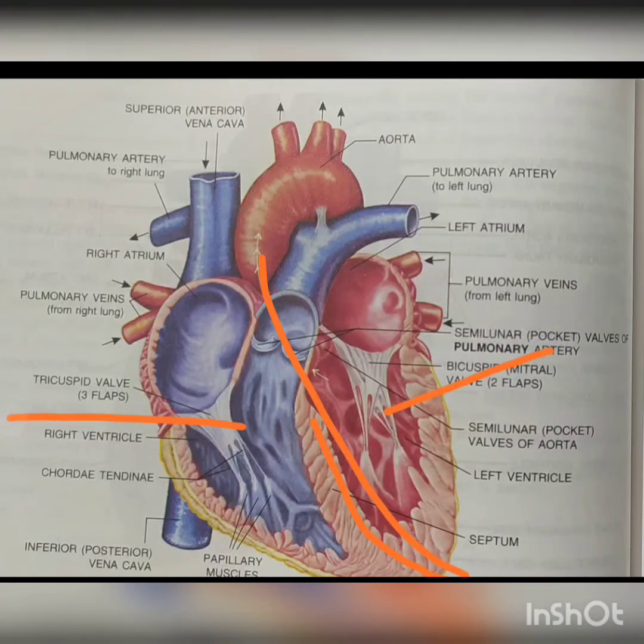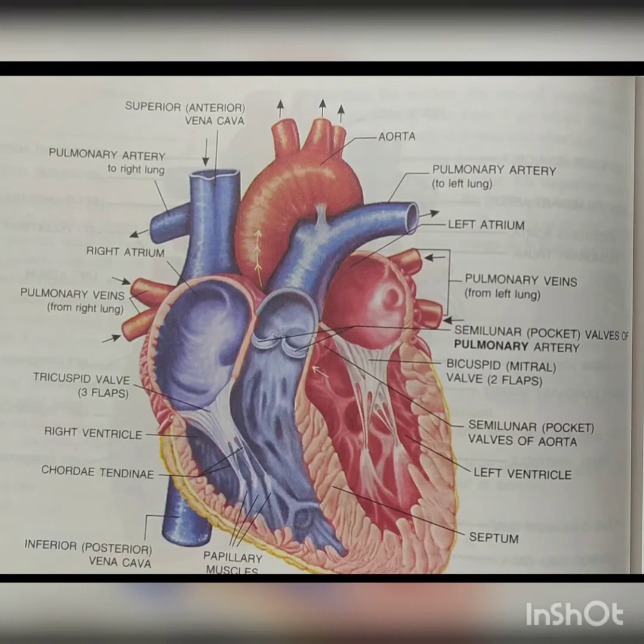Each half is further divided into two chambers, the upper small size chambers called auricle or atrium, and the lower large-sized chambers called ventricles. The auricles act as the receiving chambers for blood coming from outside of the heart. They are further divided into the right atrium and the left atrium.